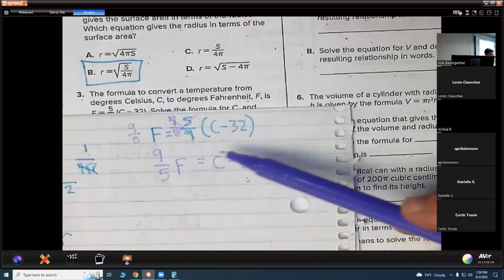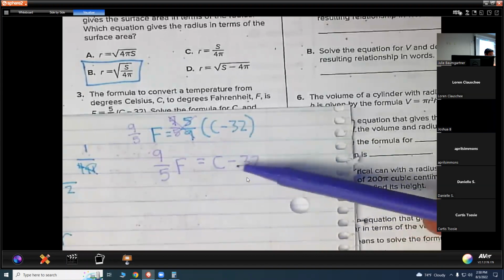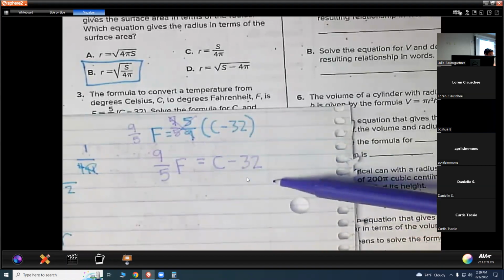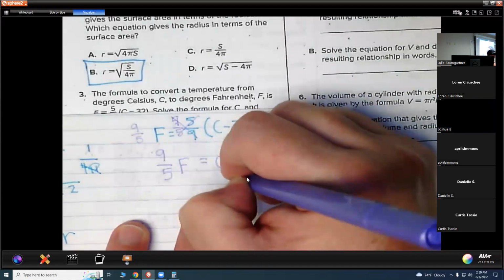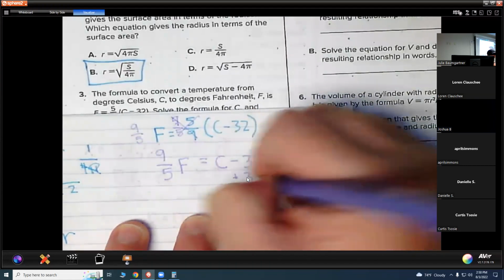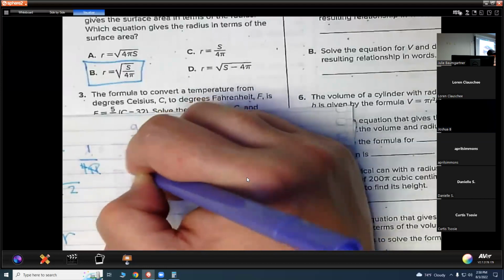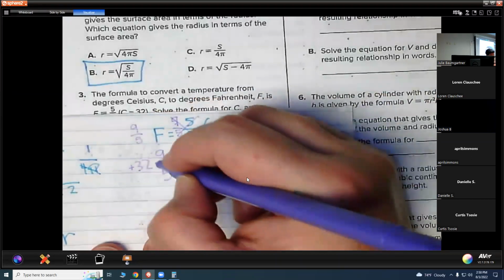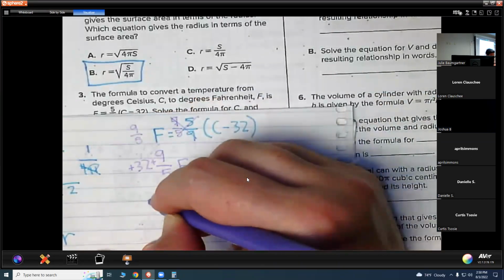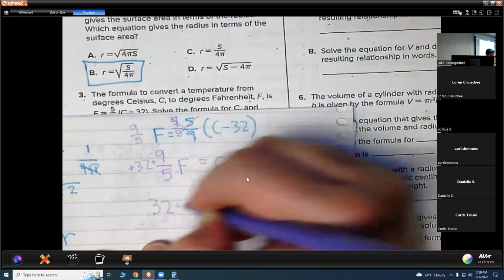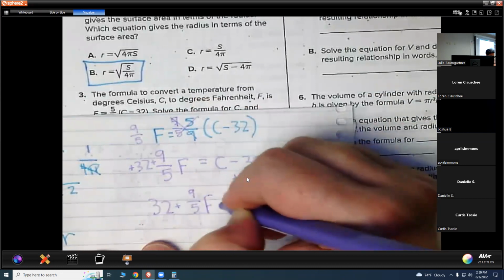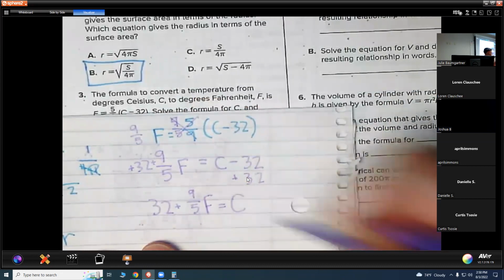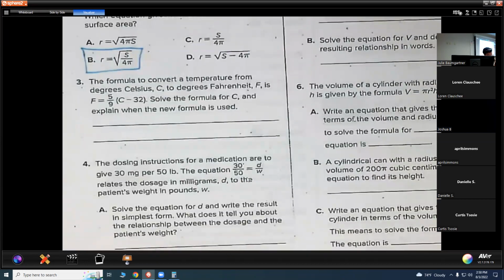So we need C by itself, C minus 32. Very good. So now I have 32 plus 9/5 F equals C. I think that's right.